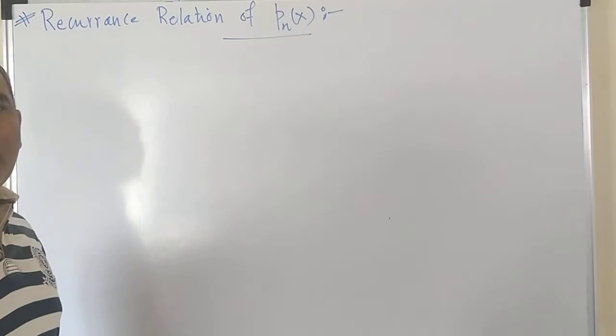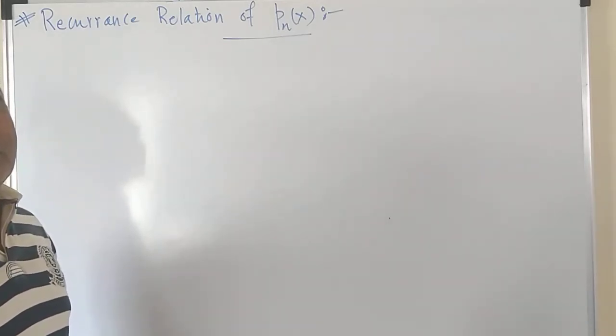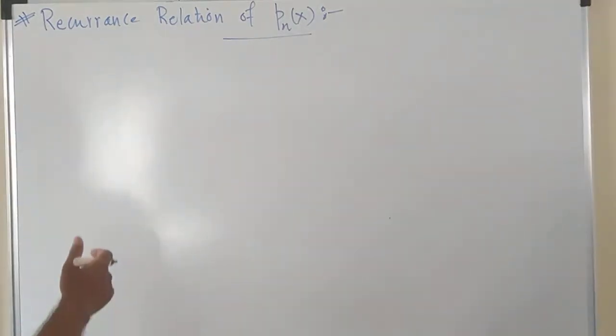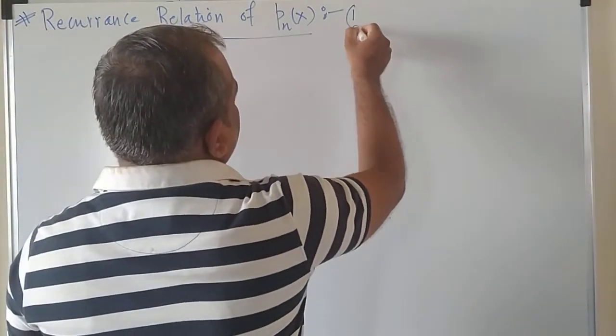To obtain this recurrence relation of the Legendre polynomial, you must know the generating function for the corresponding polynomial, right? So before proceeding to that, let us write the relation.